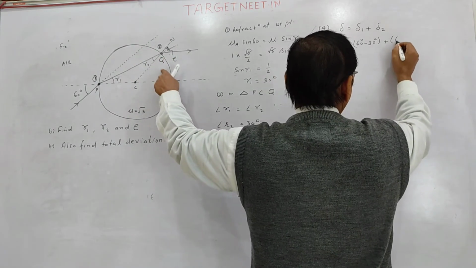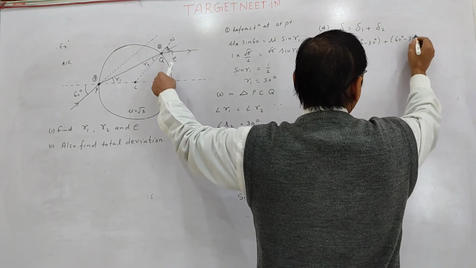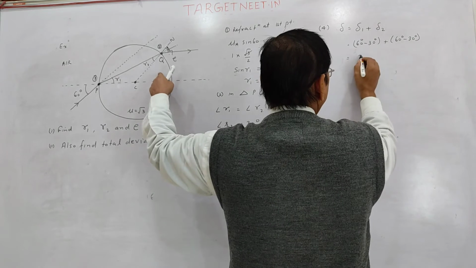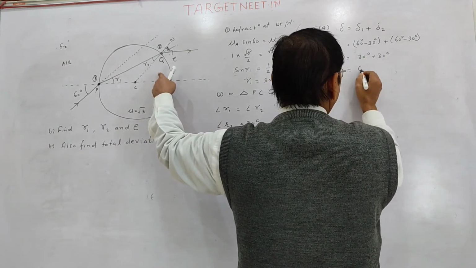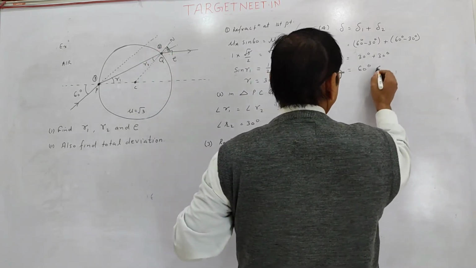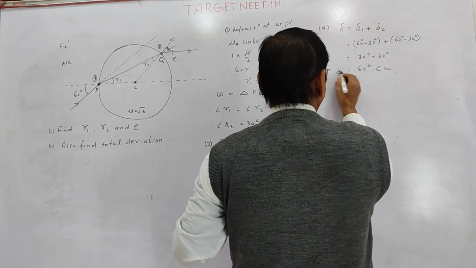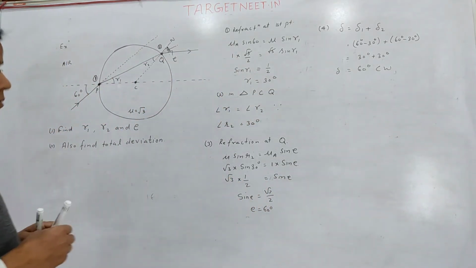So E is 60 minus R2 which is 30. So it is 30 degrees plus 30 degrees, so 60 degrees. Total deviation is 60 degrees clockwise. So that is the answer.